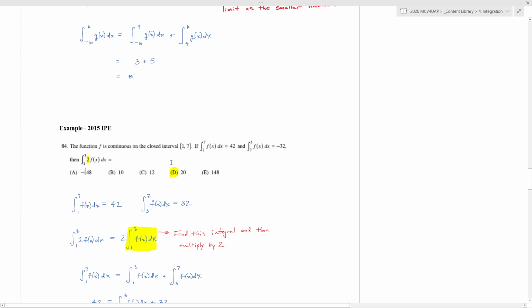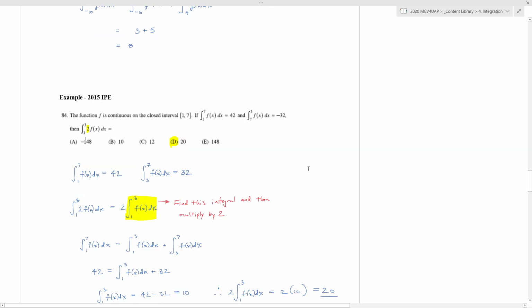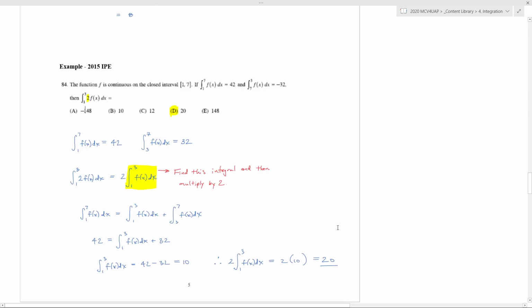So how are we going to find that? Well, we take what they gave us. The integral from 1 to 7 of f of x dx can be broken up into two integrals, from 1 to 3 and then from 3 to 7. We know that the integral from 1 to 7 is 42 because we were given that. And we know that the integral from 3 to 7 is 32 because we were given that.